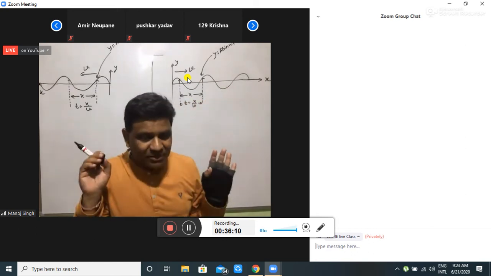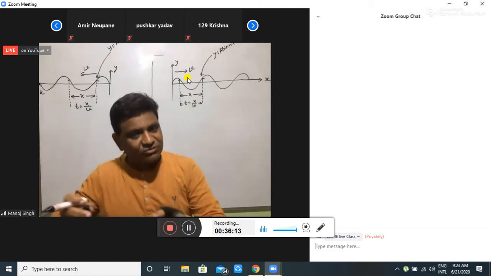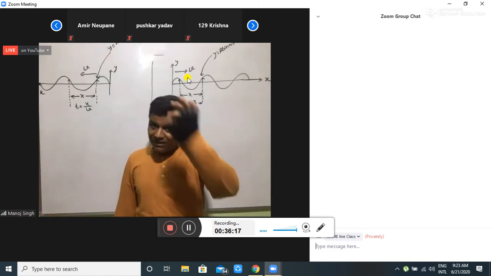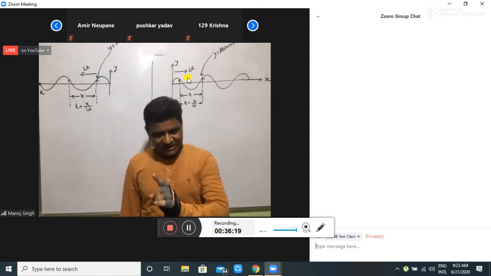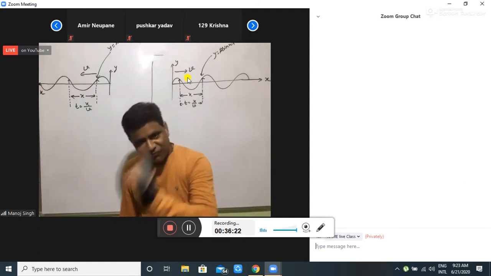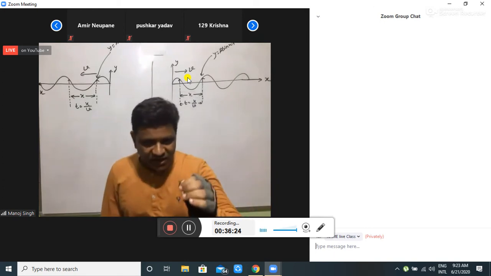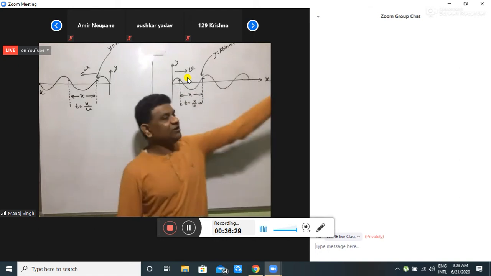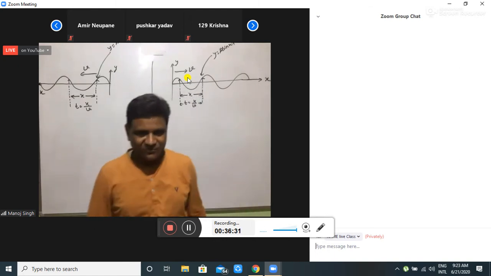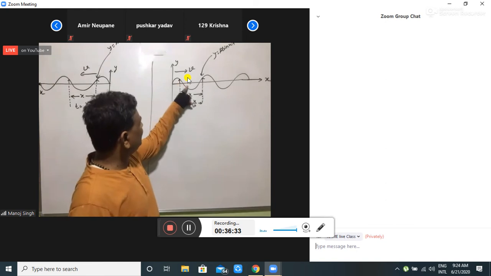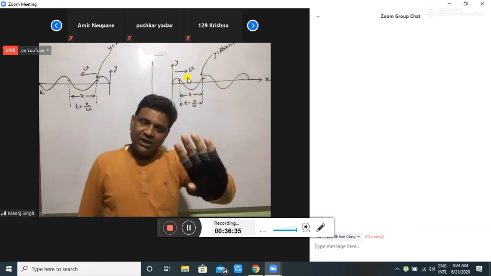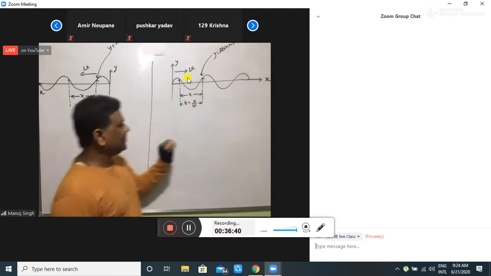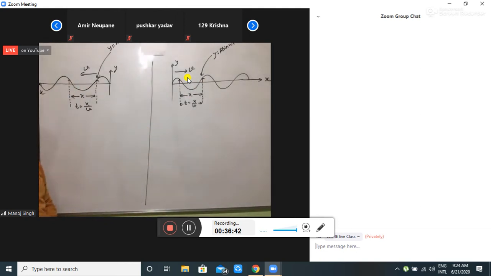We are not discussing SHM; we are studying the wave equation. So one part is clear now. Among the infinite particles of the medium, we are taking these two particles.